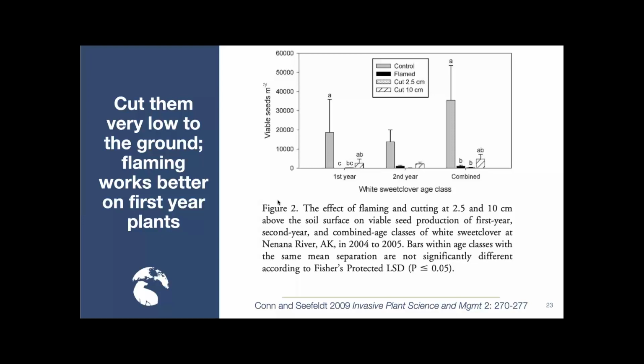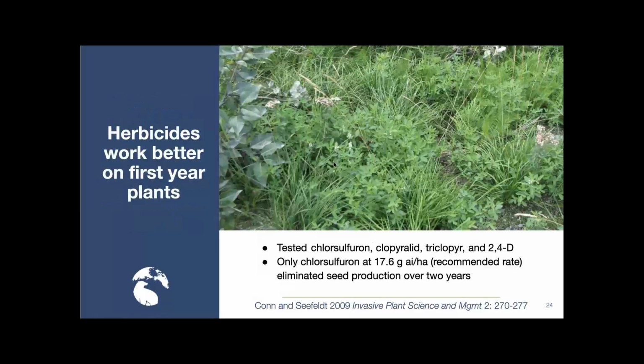And Bruce, I'm not sure about the fire threat from the second year, like when they're dry husks that just stay up there in the second year. I don't know if anybody's done any work on that yet. So that'll be interesting. And then if you're going to use herbicides, they tested a host of herbicides here, and the one that they found worked the best and eliminated seed production was the chlorosulfuron at the recommended dosage.